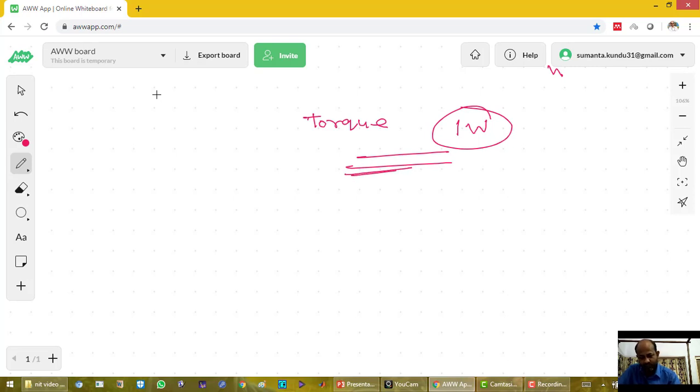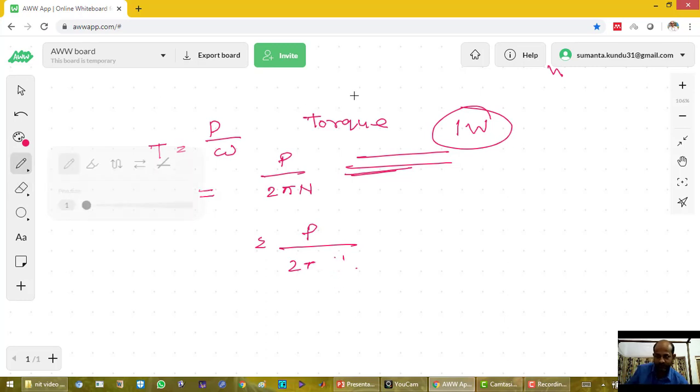So the torque produced in an induction motor is given as, what is my torque? I have just mentioned, torque equals P by omega, that is equals to P by 2 pi n, where n is rpm, so that is equals to P by 2 pi n by 60, right?